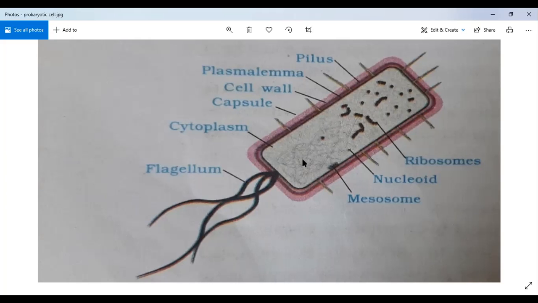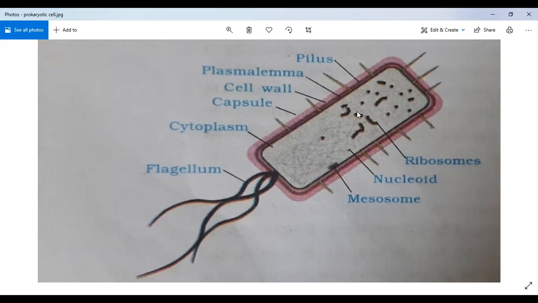Now we are observing an image here that belongs to the prokaryotic cells. It's a bacterial cell which has no conspicuous nucleus in it. And when you see eukaryotic cells like plant cells and animal cells, we are able to see a prominent nucleus having a membrane structure.